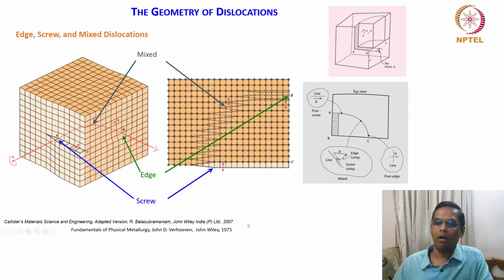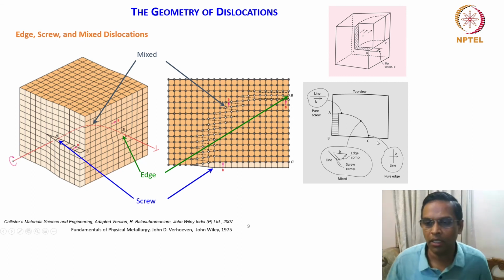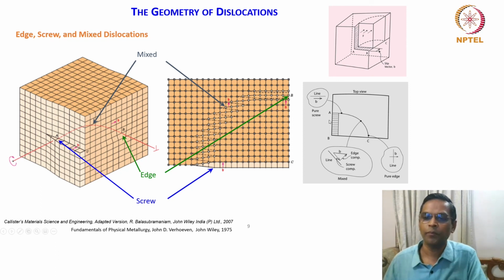If you look from the top, this is how it will look. So this schematic will be very simple to explain now. Imagine that this is the AC line, which is marked in a dotted line here, which is now drawn as a full thick line. So A, B, C.